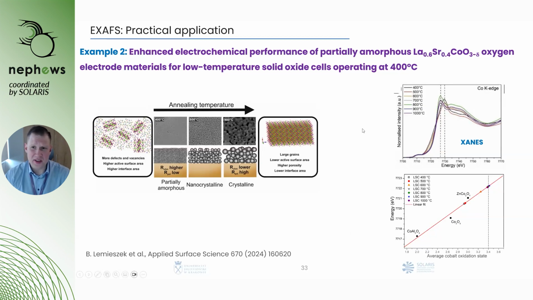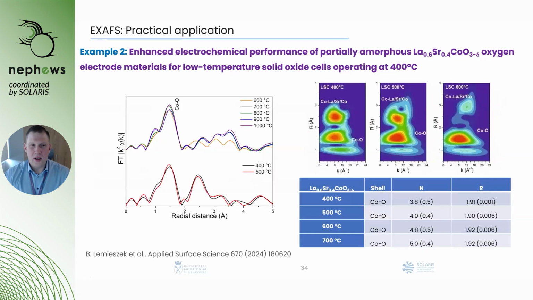Firstly, the researchers investigated the oxidation state of cobalt in these solid oxide cells, and then using EXAFS analysis, they investigated the interaction between the cobalt atom and oxygen in the first coordination shell, and they managed to investigate the coordination number and the distance between cobalt and oxygen in these solid oxide cells depending on the applied annealing temperature.